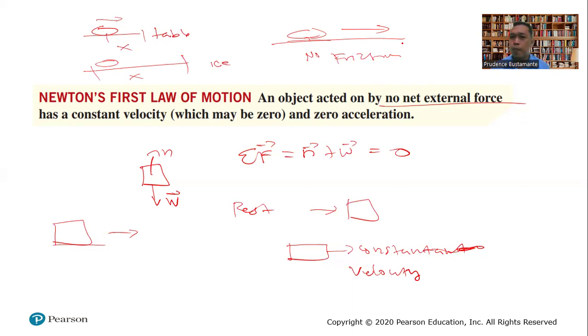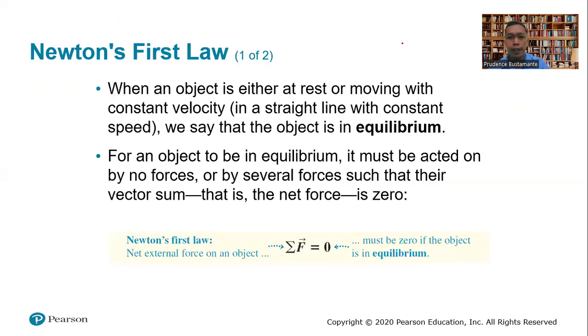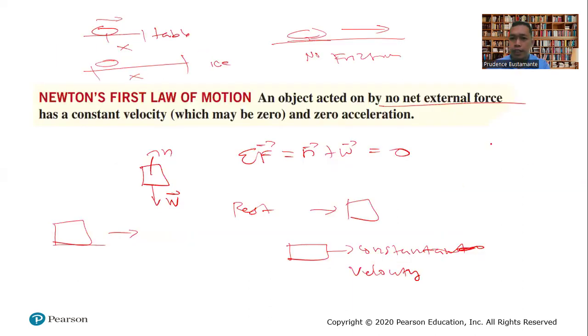If there is no net force, it will remain at rest or continue to move at constant velocity if it is already moving. So this explains inertia, the word inertia. Inertia means the tendency of an object to keep moving once it is set in motion. Also, once you are at rest, that's your tendency to remain at rest. That's inertia.